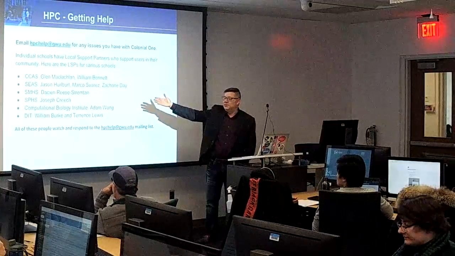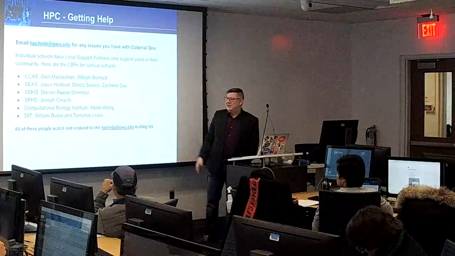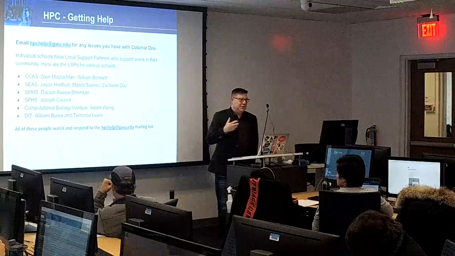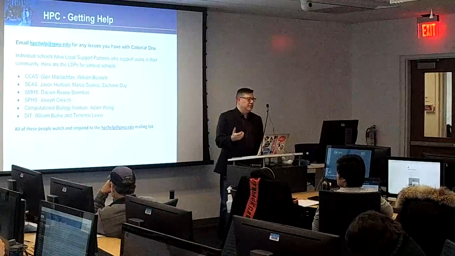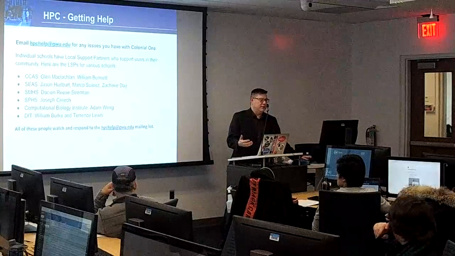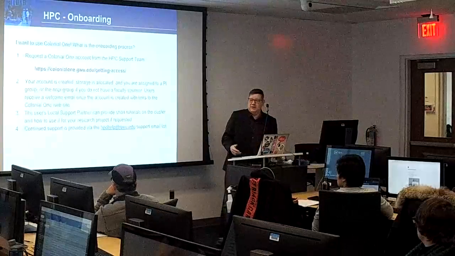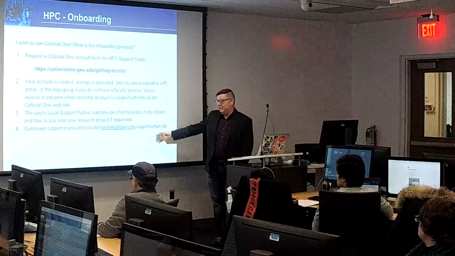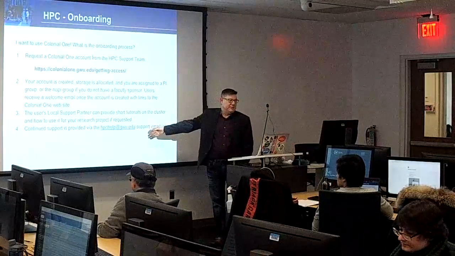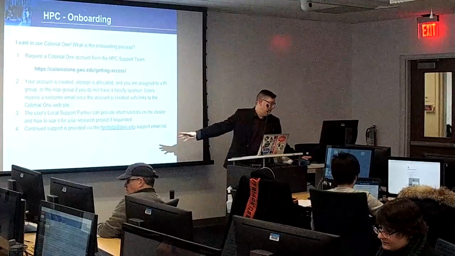If you're in the School of Medicine and Public Health, there's DOTSIEN's group, though I don't know if they have an acronym. If you know who to go to within your department, that's where you go for individualized support after your Colonial One account is created. But again, you can always send an email to HPC Help. Continued support is provided via the email list. We keep mentioning that because it's very important. We want everybody to know about that email.